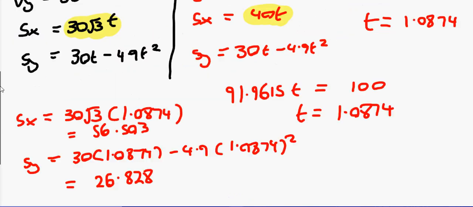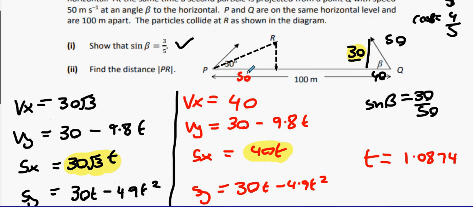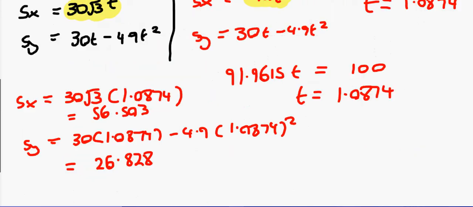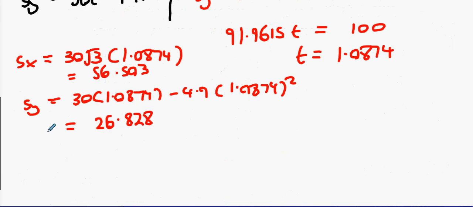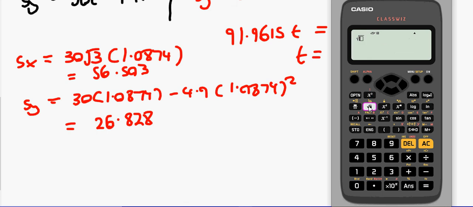So from a diagram point of view, you're 56.3 across and 26.8 up. You're going to do Pythagoras' theorem to find the hypotenuse. Not a bad question, to be honest. Square root gives 62.54 meters, or 62.5 meters.